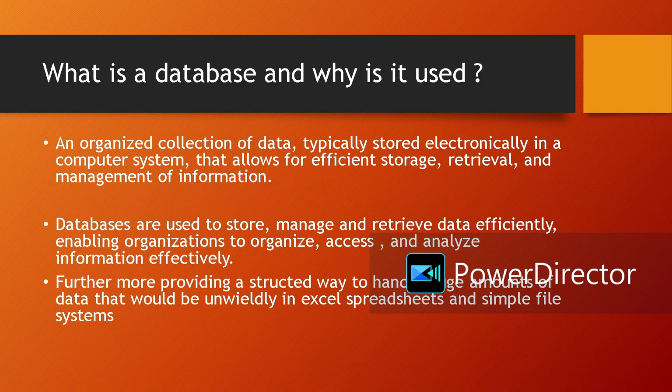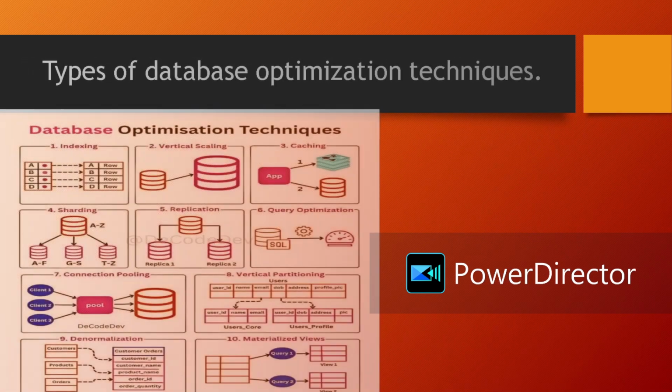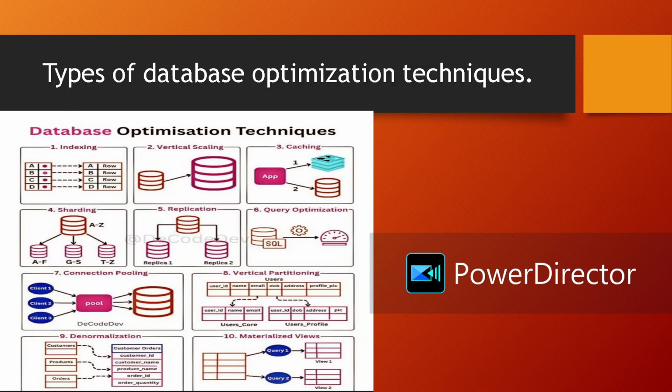Now, there are a total of 10 different types of database optimization techniques. First one is indexing, then vertical scaling, caching, sharding, replication, query optimization, connection pooling, vertical partitioning, denormalization and materialized views.